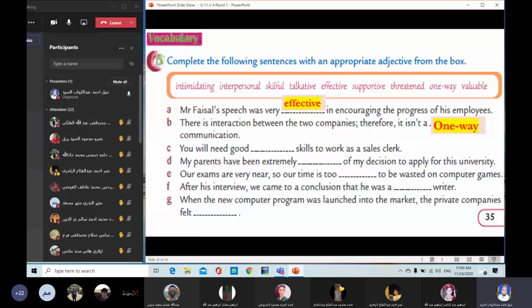Therefore, it isn't a one-way communication. Yes, I agree with you. So the interaction between the two companies, it's called organizational. So it is not a one-way communication. It's two-way communication. Thank you, Ahmad.